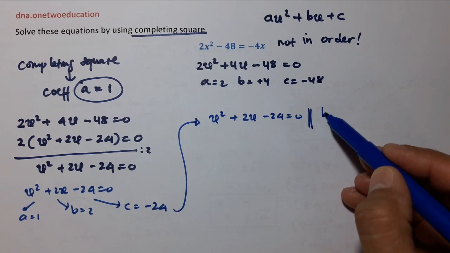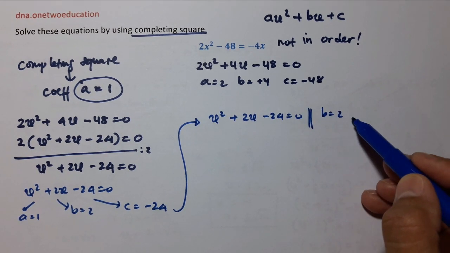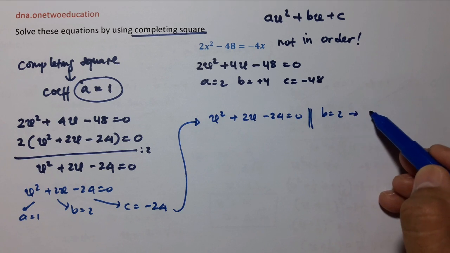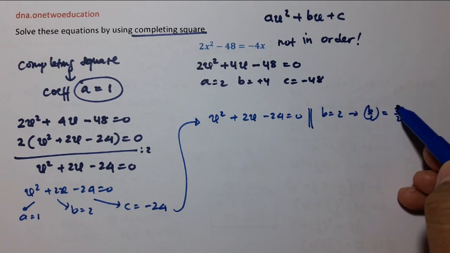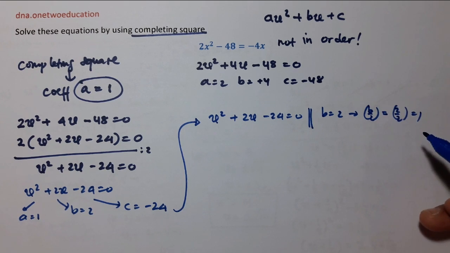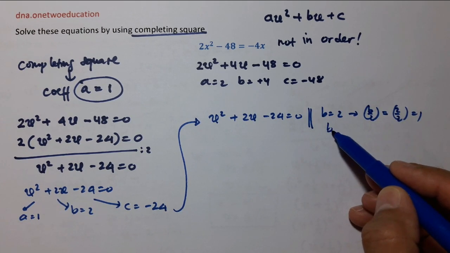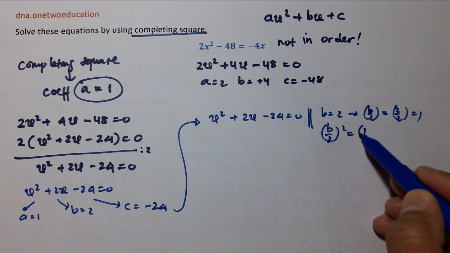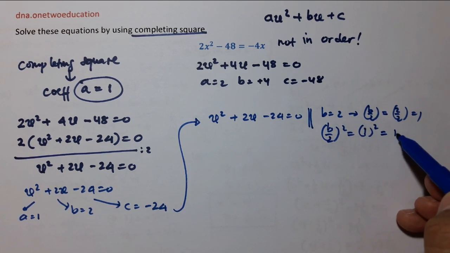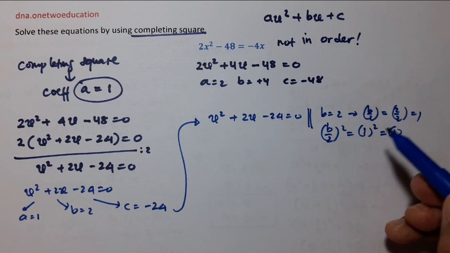So automatically b over 2 equals 2 over 2 equals 1, and then (b over 2) squared is 1 squared. You got 1, right?